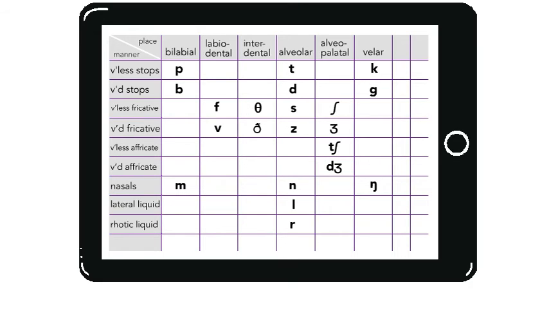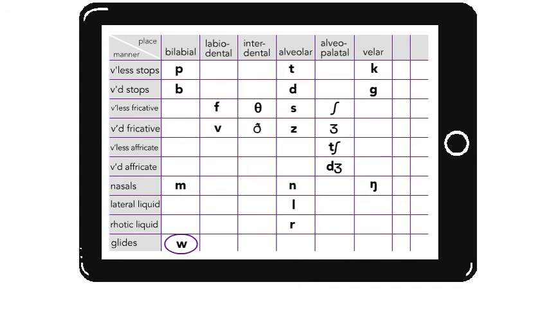The sounds indicated by l and r are called liquids. Both are produced on the alveolar ridge. In terms of manner of articulation, l is called lateral and r is called rhotic. Finally, in English there are two sounds called glides. They are the first sounds in wash and yard.